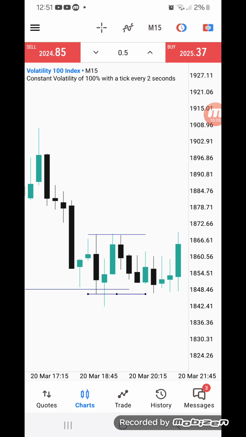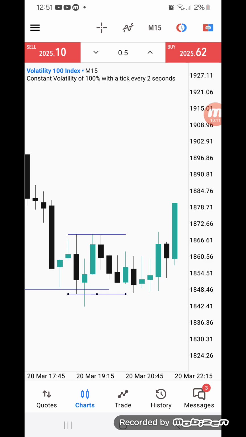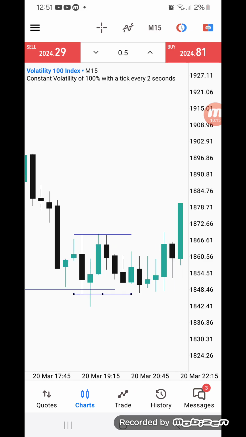After sweeping that low, it closed inside, giving us manipulation. After that, we also got the third candle, which gave us the distribution.